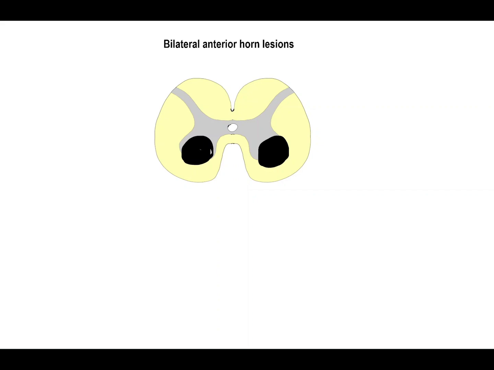This can lead to two conditions. Let's go with poliomyelitis. Poliomyelitis is caused by viral infections such as poliovirus.